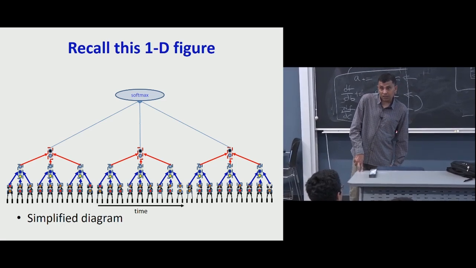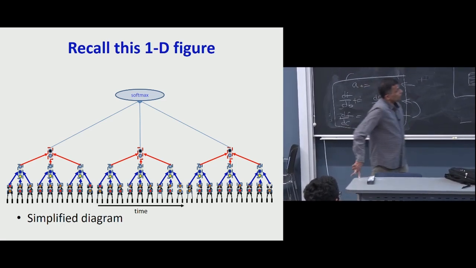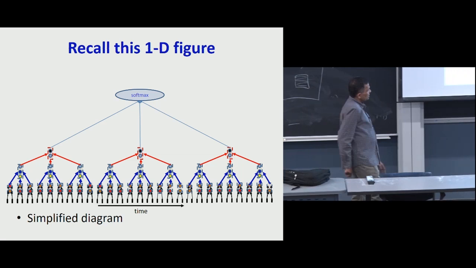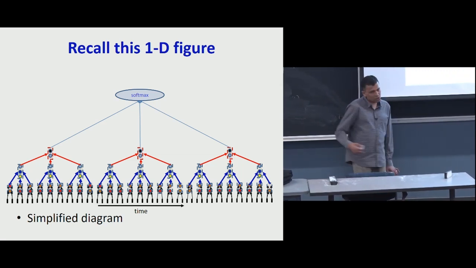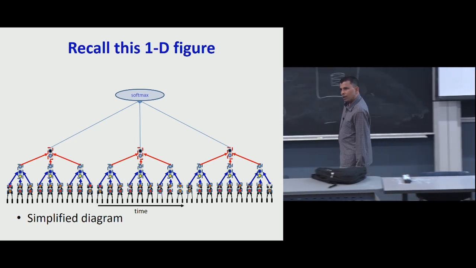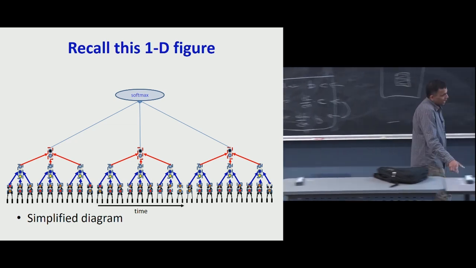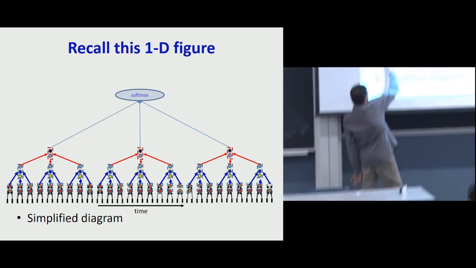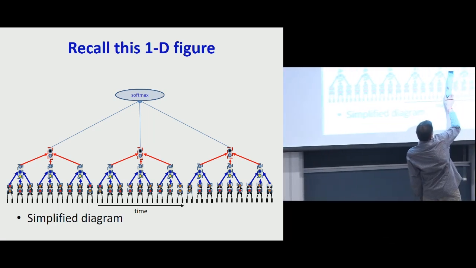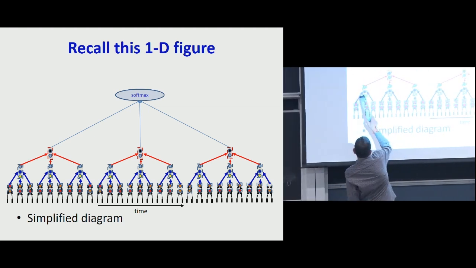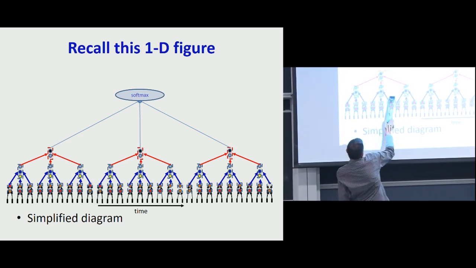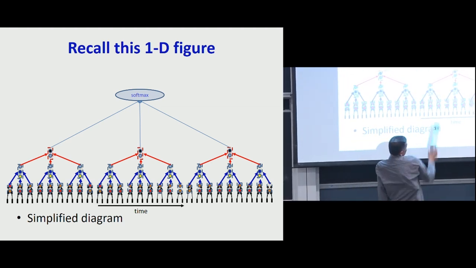Now the colors show parameters. I have no shared parameter indication over here. But think of it this way: this set of weights is going to be identical to this set of weights, is going to be identical to that set of weights, correct? So also this set of weights is the same as this set of weights, is the same as this set of weights, is the same as this set of weights, and so on.